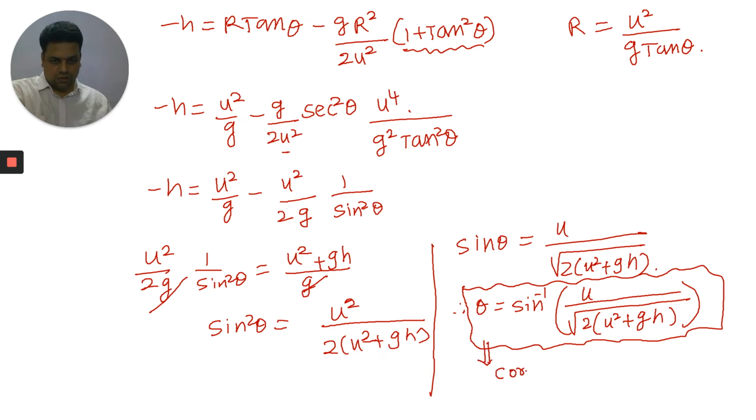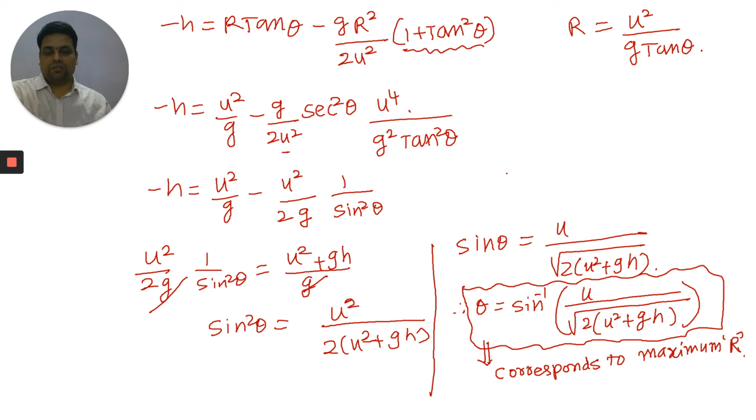This theta corresponds to maximum R. Various angles you can project it, but for which angle the horizontal range for projection from the tower is maximum, and that would be this one.